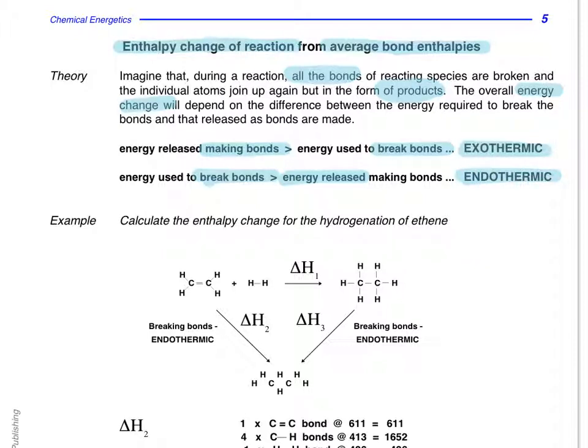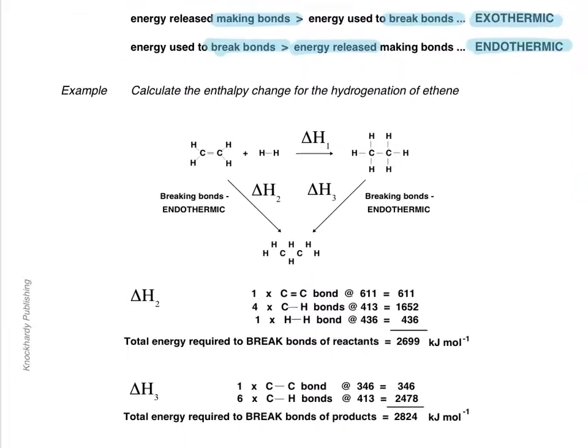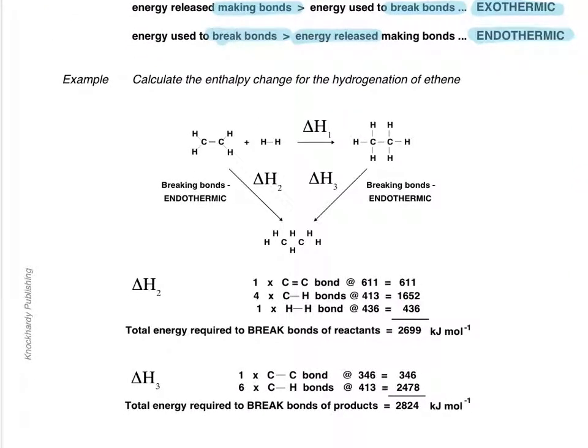If you look at an example like this one here, we've been given the reactants and the products, and as we said, you've got to imagine all of these bonds breaking. So the C-H, 4 of those breaking, the C=C breaking, and the H-H bond breaking in the middle there. And then you've got to imagine making all those bonds, forming your C-H bonds and your C-C single bond there.